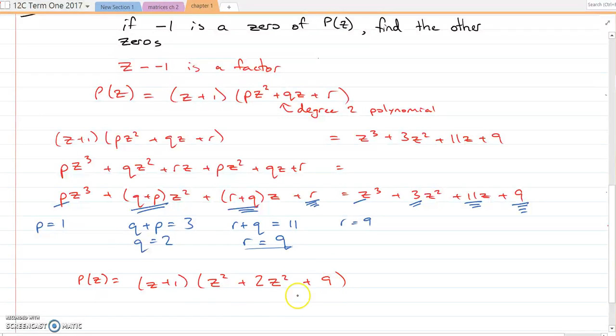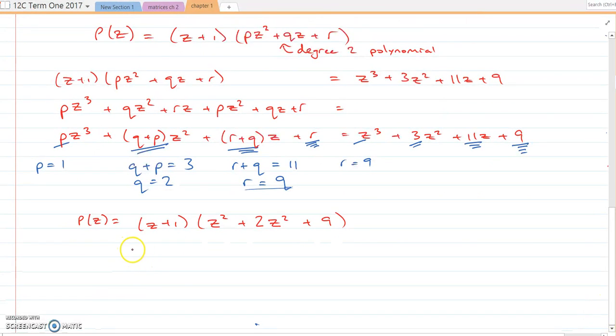Okay, so we need to factorize the second one. So we're going to use the complete the square from the last video. So we're going to have Z squared plus 2Z. We're going to have a plus 1, that's half of the 2, which is 1, and then we square it. We've still got the 9, and then we have to minus a 1.